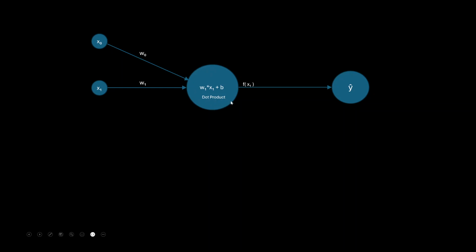This computational unit, all it's doing is taking the weight for x1, multiplying it by x1, and then adding the bias to the result. This is also called the dot product of two vectors.